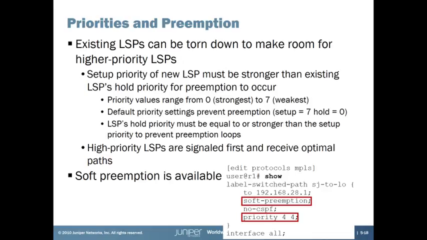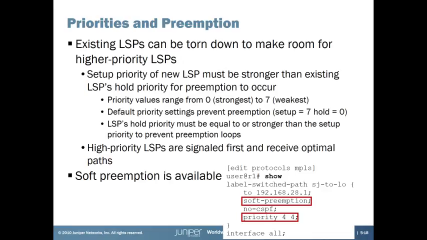Okay, now, if the existing LSPs have a hold priority that is lower than the new LSP's setup priority, then that new LSP may tear down the existing LSPs to allow it to be established.